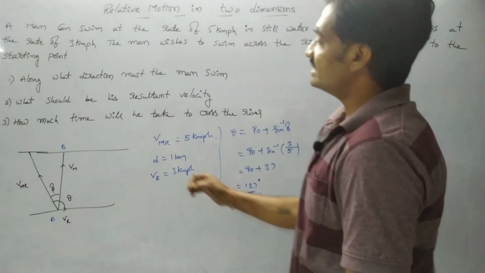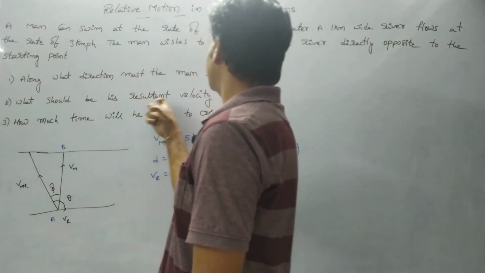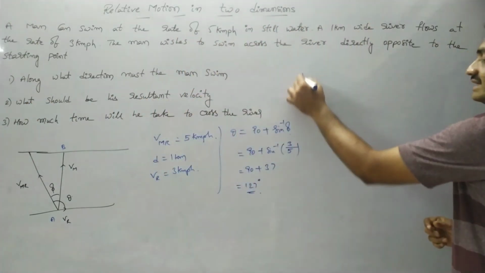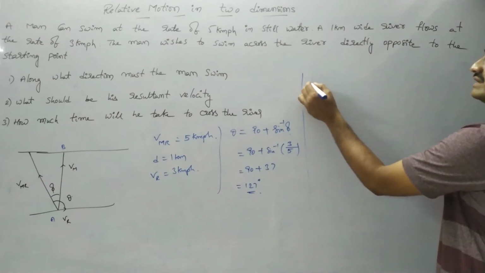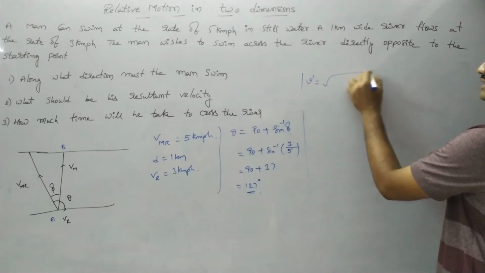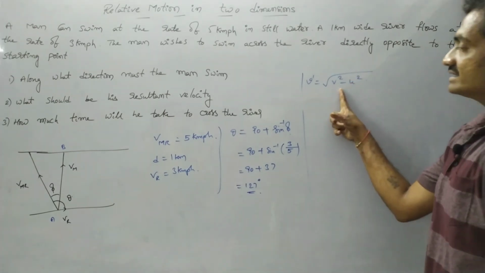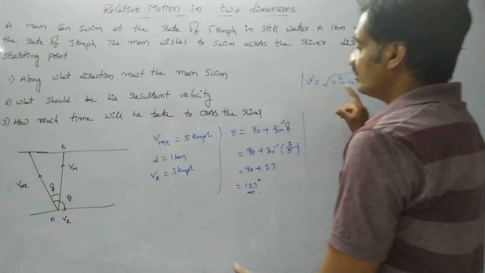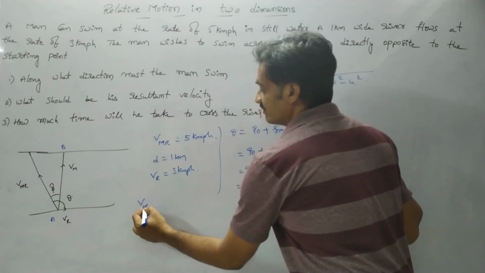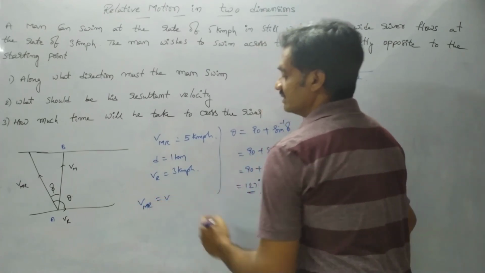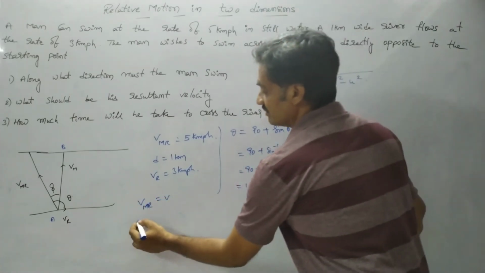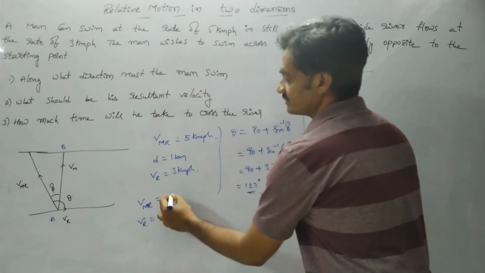Now the second case is what should be his resultant velocity, where the resultant velocity is given as v dash equal to under root of v square minus u square, where v is the velocity of the man with respect to river and u is the velocity of the river.